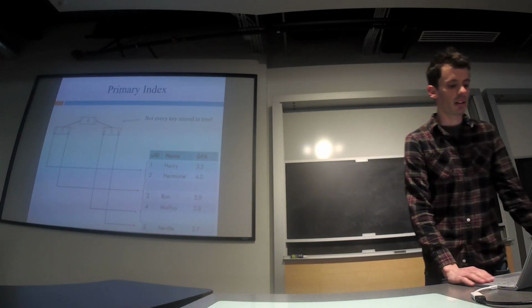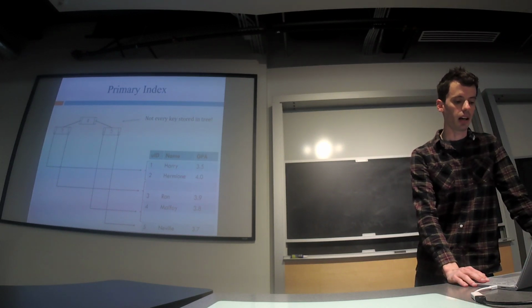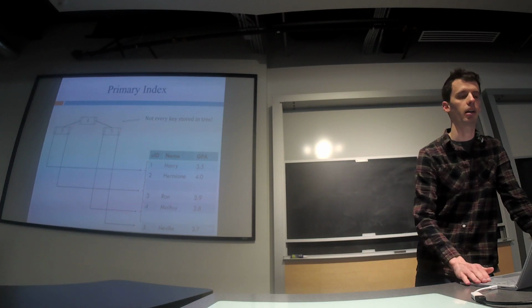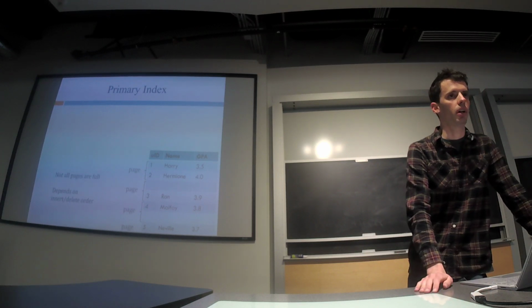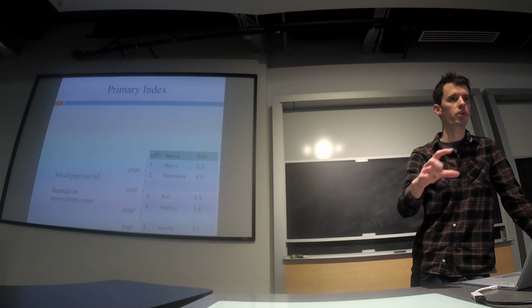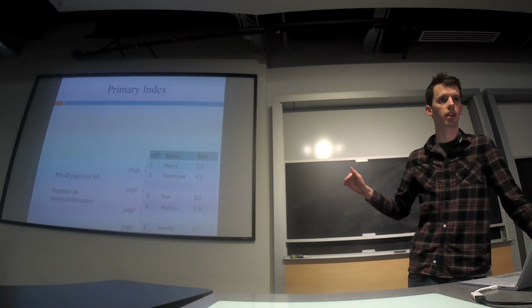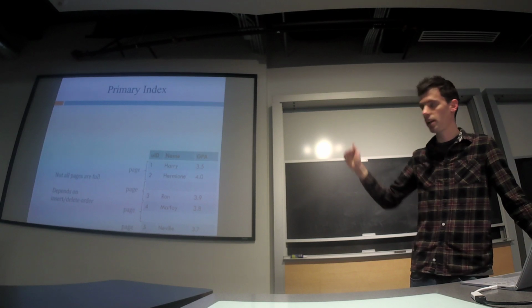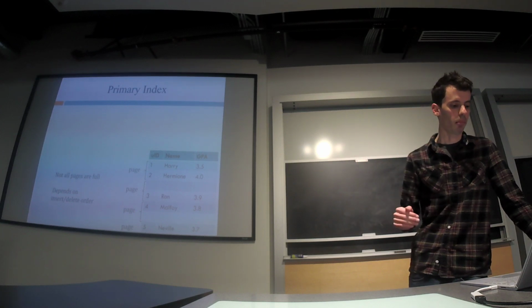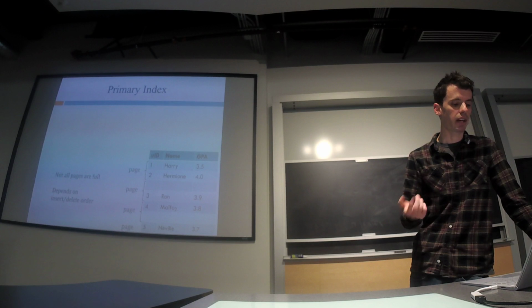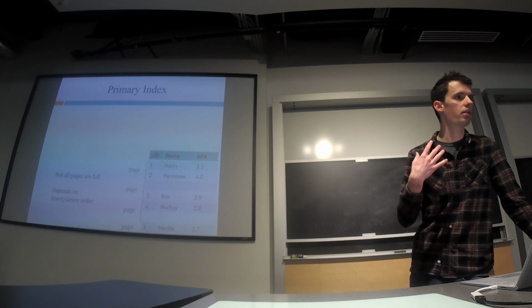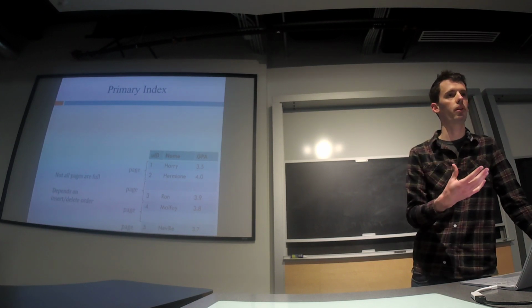The other interesting thing to look at here is I have gaps in the table now. Every 2 rows is 1 page. And this is the clustered index, so these are ordered based on the UID. But I have gaps here because this is dependent on the order that I built the tree.